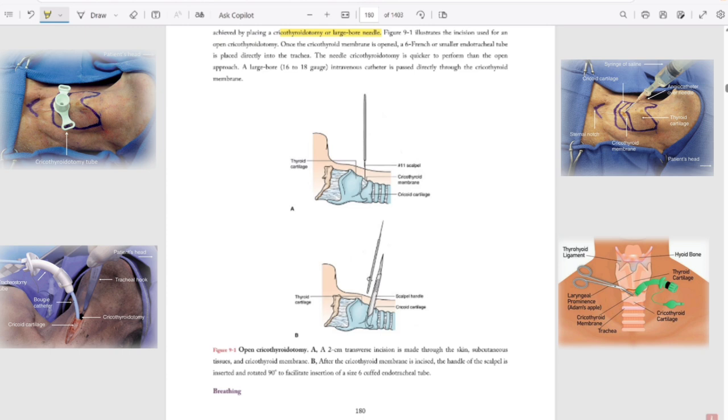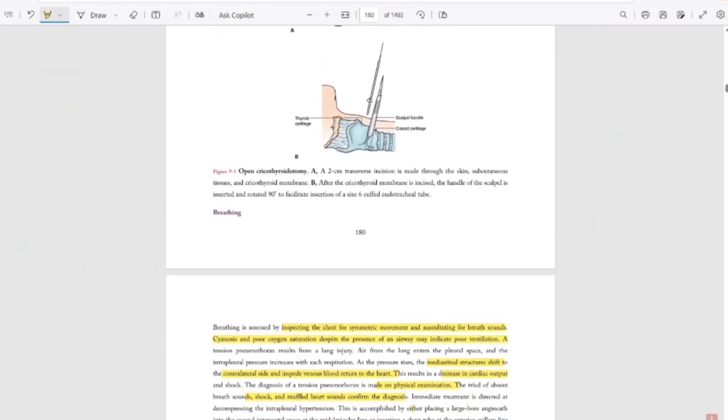Once the cricothyroid membrane is opened, a 6 French or smaller endotracheal tube is placed directly into the trachea. The needle cricothyroidotomy is quicker to perform than the open approach. A large bore, 16 to 18 gauge intravenous catheter, is passed directly through the cricothyroid membrane.